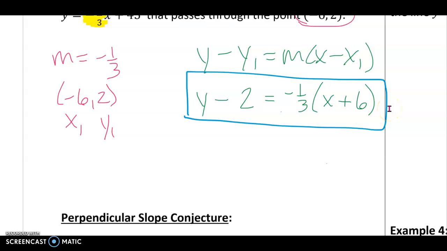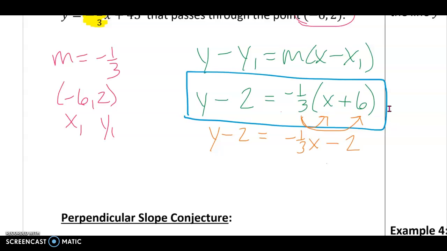Start by distributing. The left side will stay the same. Negative 1/3 x times x is negative 1/3 x. Negative 1/3 times 6. First, a negative times a positive is a negative. And then 1/3 of 6 is 2.